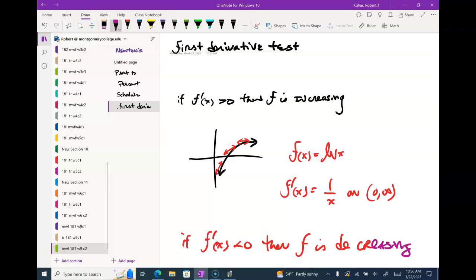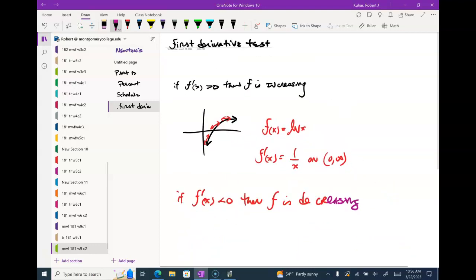Put in the x value, calculate the y value, put in an x value, calculate the y value. Build your table, try and connect with a smooth curve. So long before calculators, you've been able to look at the function, but now I don't have to look at the function. I can just take the derivative of the function and know what the function is doing.